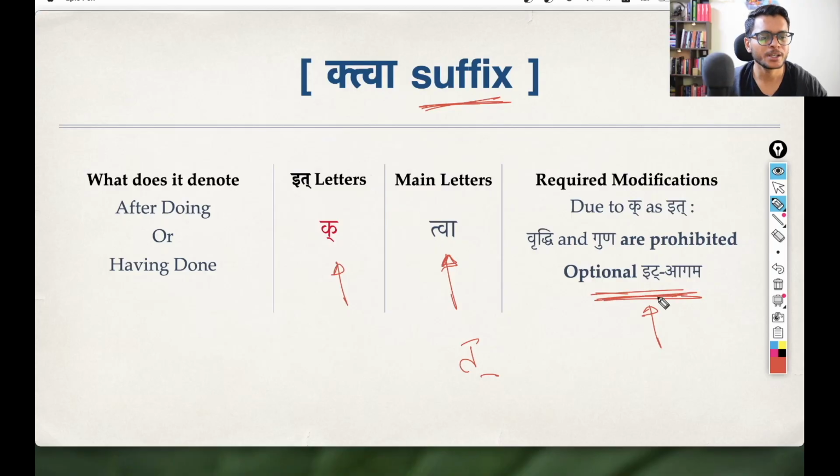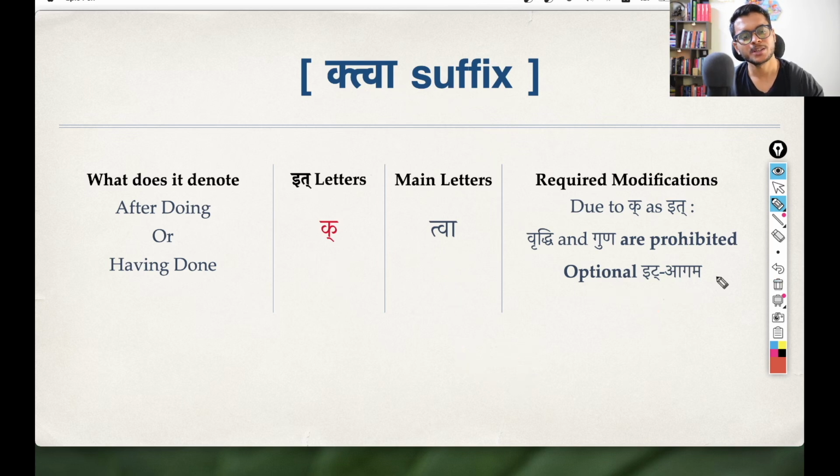If the main content of the suffix is starting with any consonant except yakara, then that suffix is qualified to get this it agama. So out of the two conditions for it agama, the condition that this suffix has to satisfy is satisfied here. For this twa suffix, vriddhi and guna are prohibited and optional it agama is possible.